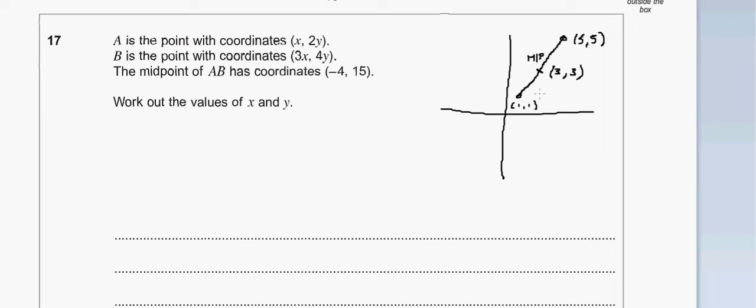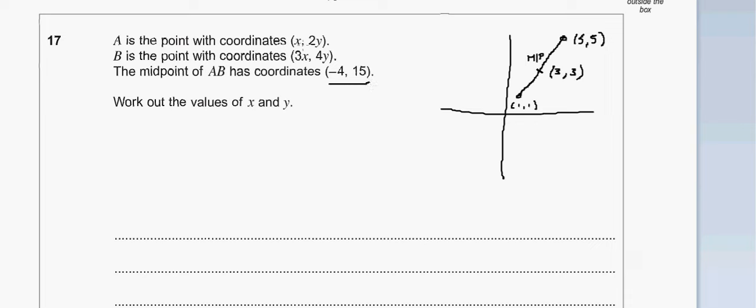So I add these axes together, divide by 2, and that will give me this value. Here, add these values together, divide by 2, and this will give me this. So we're just going to do the same here. We know where the midpoint is.